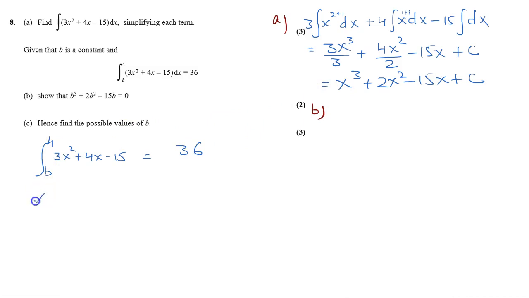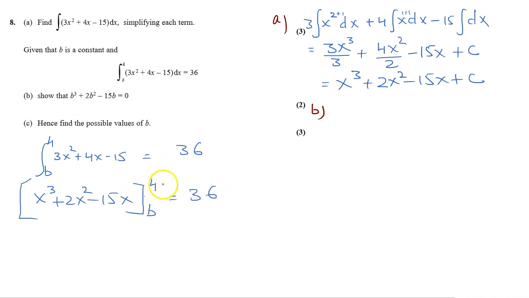Its integral is x cubed plus 2x squared minus 15x. Now this is definite, so there is no c. The upper limit is 4 and the lower is b, equal to 36.